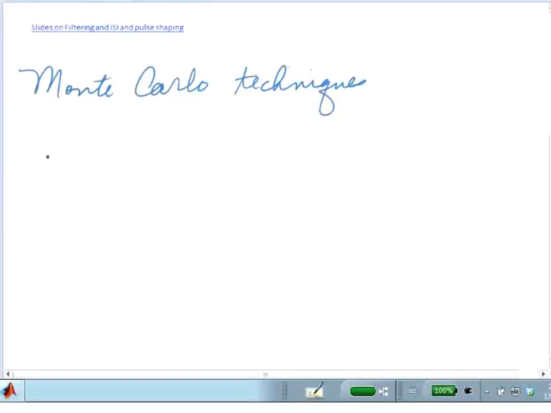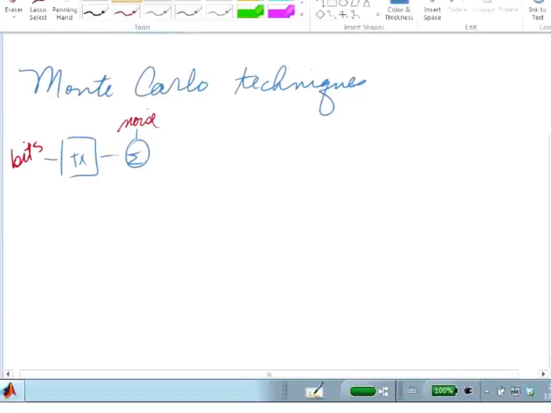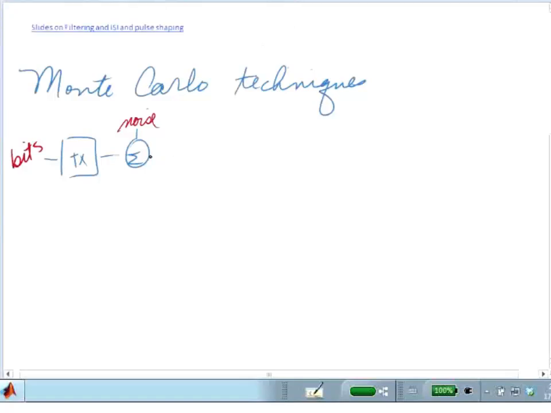So of course that means that I have some bits at the input, I put them into my system, I have a transmitter, I add some noise to it. My random input is the noise. And then I put it through my numerical simulator where I have a channel, some sort of channel response.